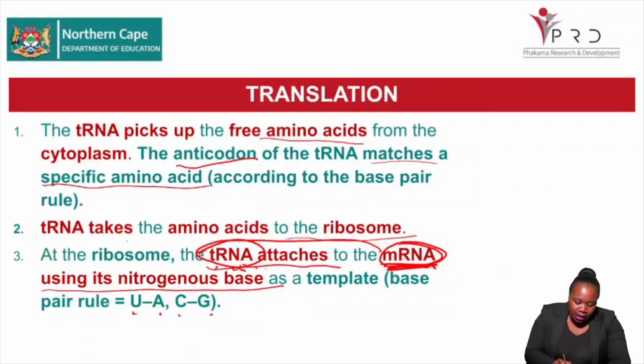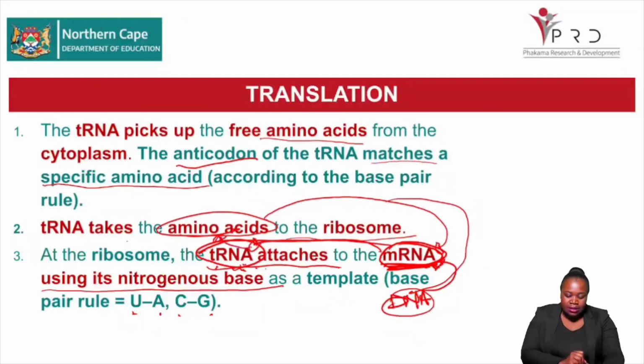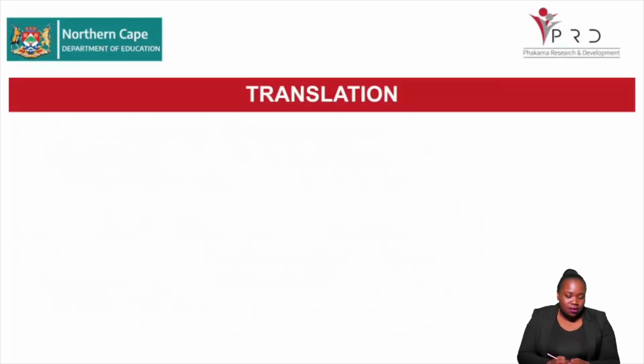That specific tRNA will be carrying a specific amino acid, which takes us back: this amino acid depends on the type of mRNA and essentially depends on the type of DNA. Right, because the DNA determines the mRNA, determines the tRNA, and the tRNA determines the amino acid. So that is why we can say that DNA controls protein synthesis.